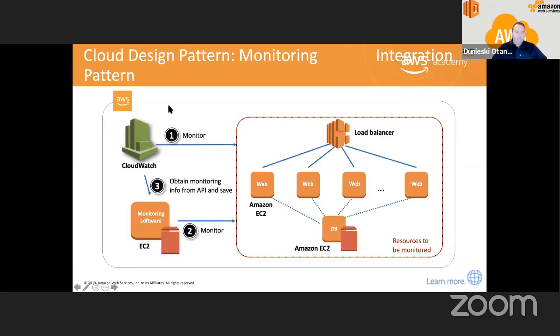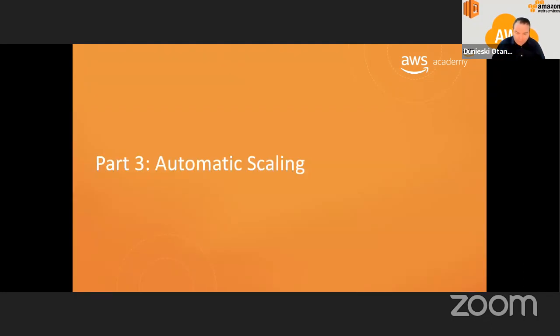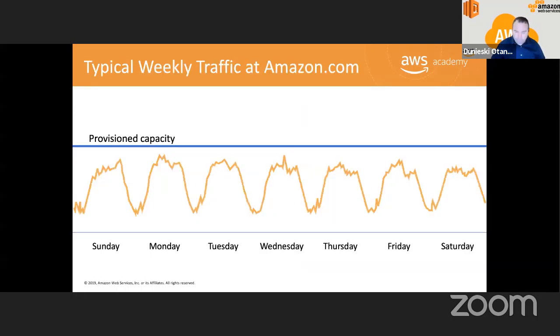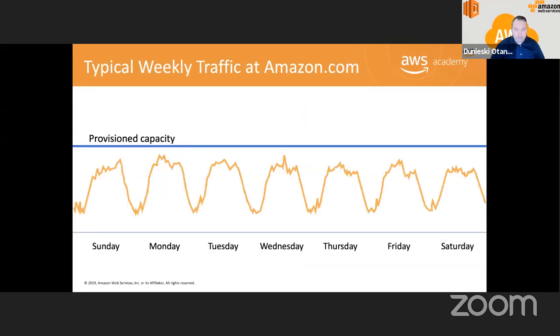All right, so CloudWatch, tough guy, monitoring metrics of your resources. Like I said before, this guy is going to be with you your entire life, CloudWatch. Store and monitor application log files with CloudWatch Logs. You can have CloudWatch Logs where you can have all the metrics and all that.